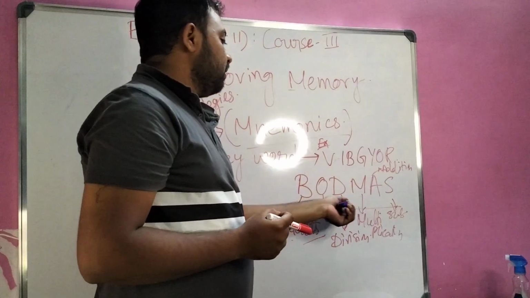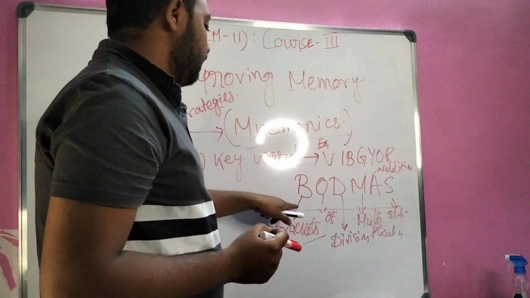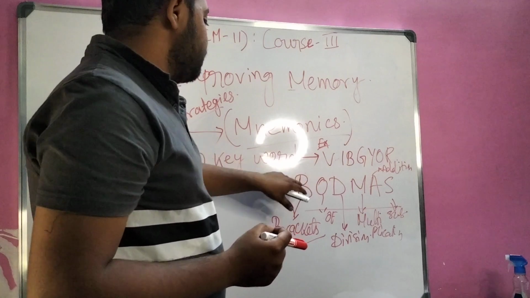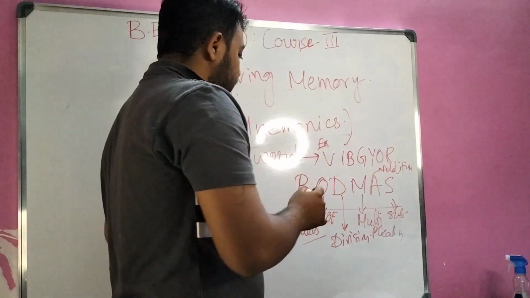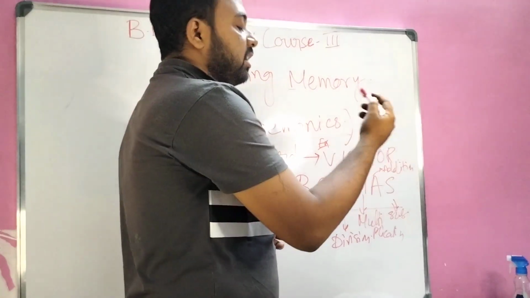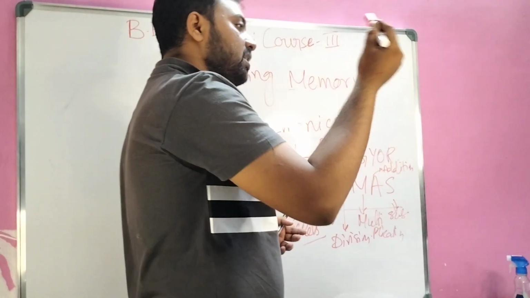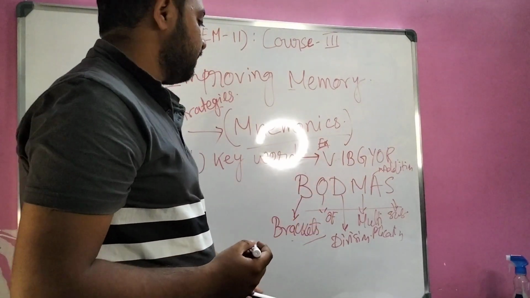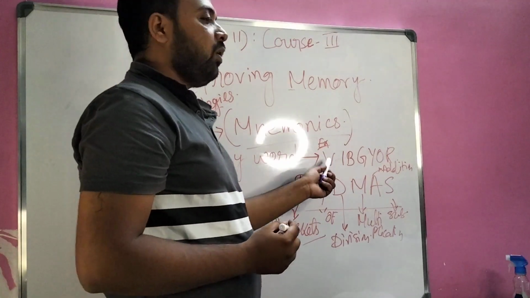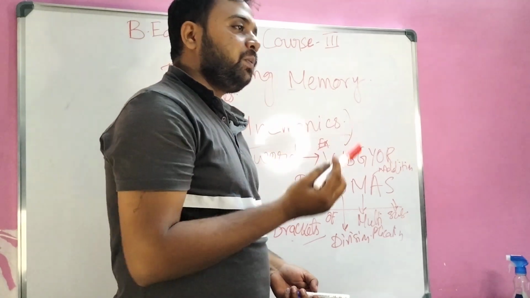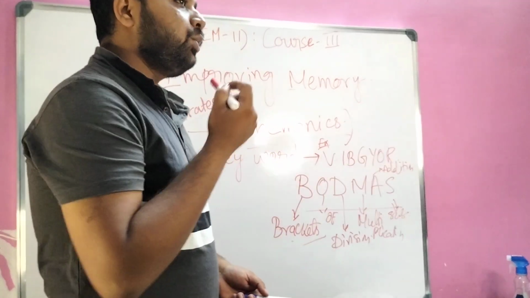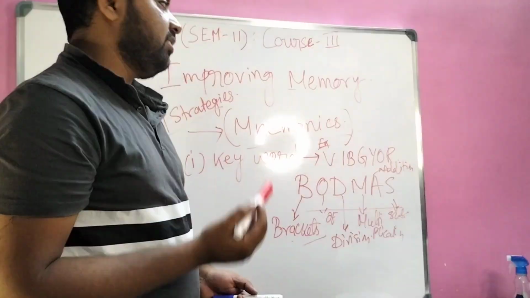First we use the term bracket. First we work in the bracket, next division, multiplication, addition, and lastly subtraction. This kind of keyword we generally use to improve our memory or our retention power.